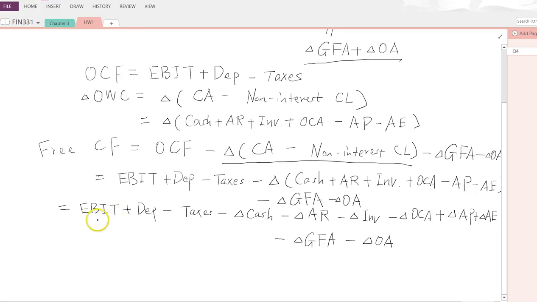So what I want to emphasize here is the sign in front of each of the items here. So the EBIT, that's positive. But depreciation, even though depreciation expense is an expense in an income statement, here we have a positive sign before depreciation. The reason is, as we said, depreciation is not a true cash outflow, but in getting the EBIT, we deducted depreciation. So in getting back to the cash flow, we added back.